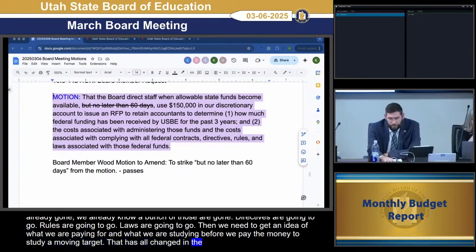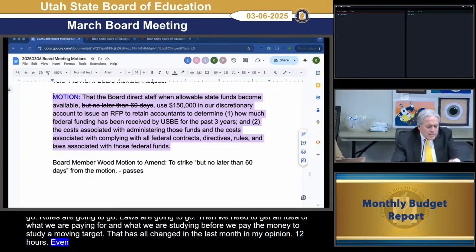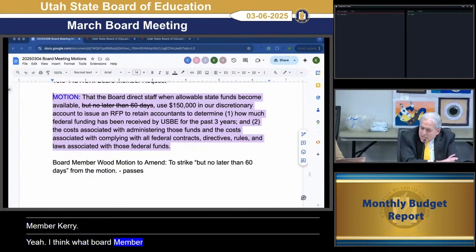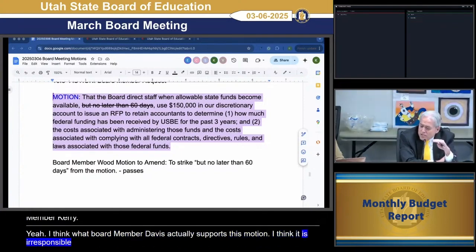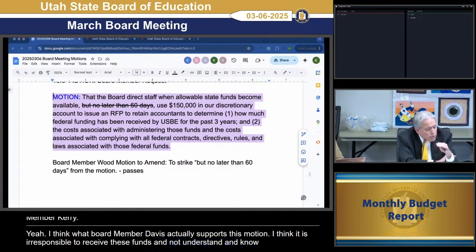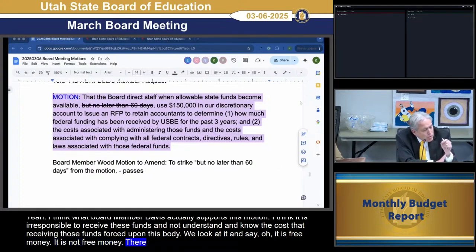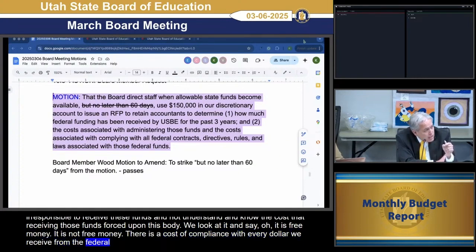Thank you. Member Carey. Yeah, I think what Board Member Davis said actually supports this motion. I think it's irresponsible to receive these funds and not understand and know the cost that receiving those funds forces upon this body. And we look at it and say, oh, it's free money. It's not free money. There's a cost of compliance with every dollar we receive from the federal government, and it's irresponsible not to know what those funds cost us.